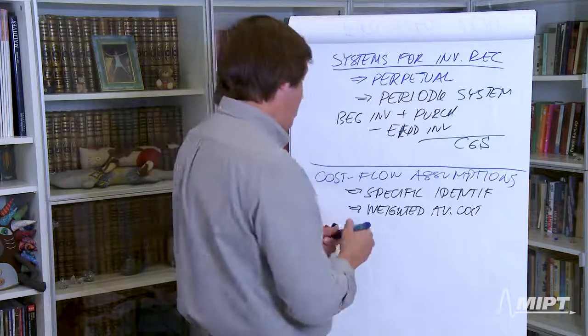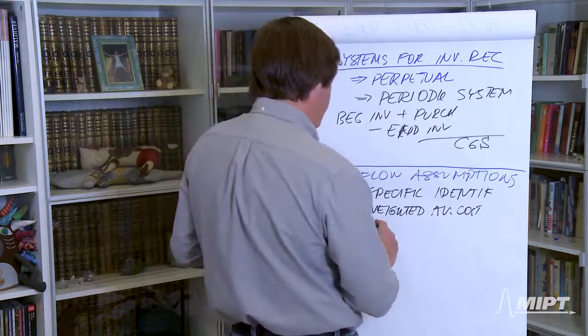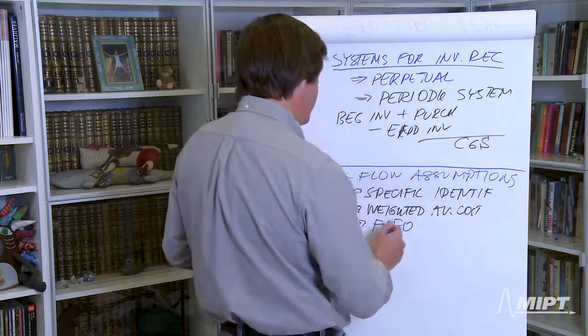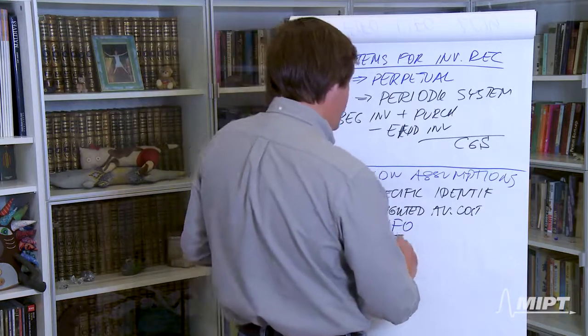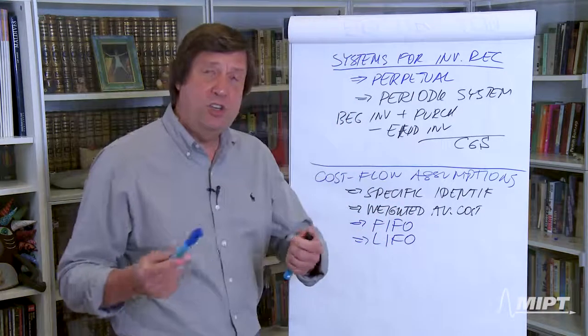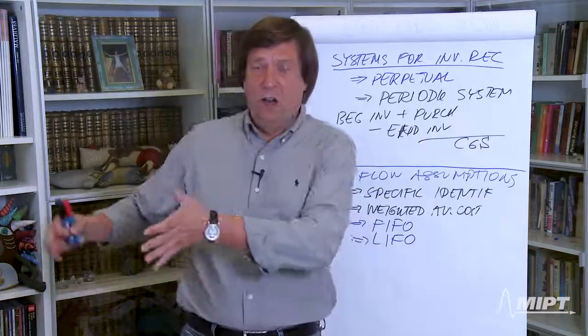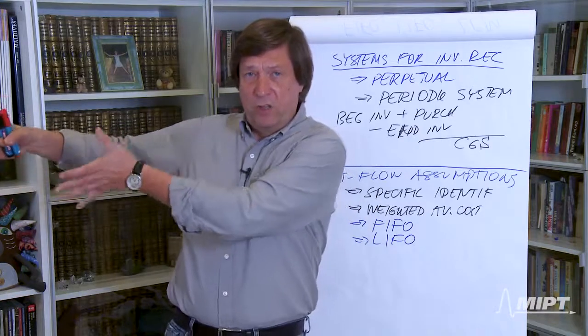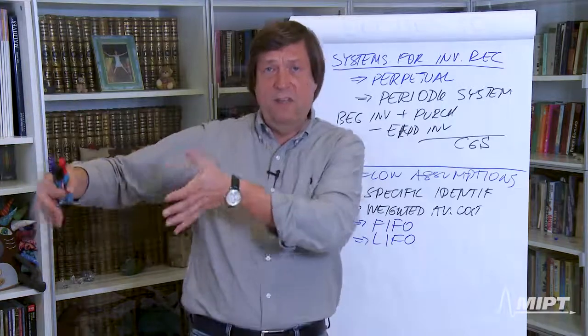And then there are two more that are quite famous. These are FIFO, that stands for first in, first out, and then LIFO. In this case, for example, if we have a batch of goods that we purchased earlier, then another later, then another later.